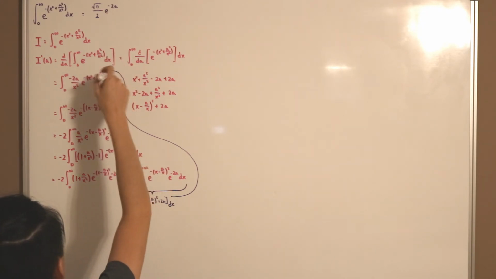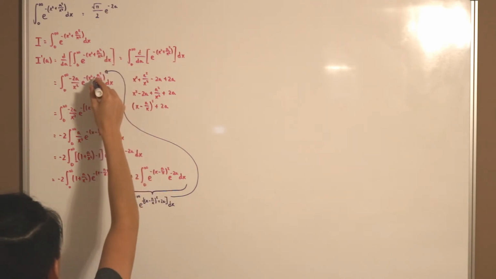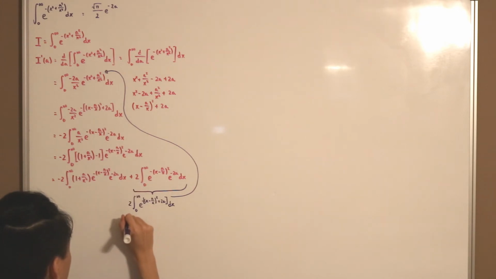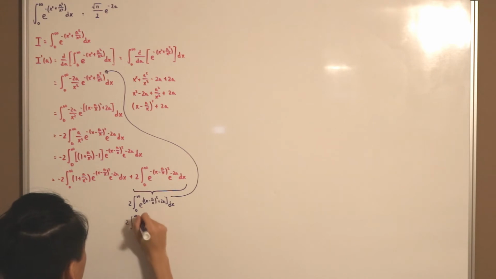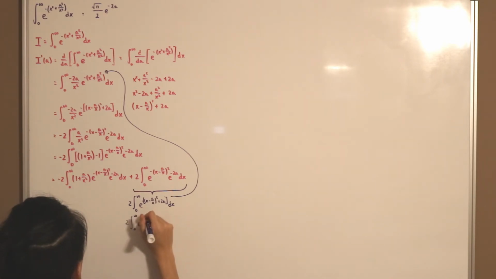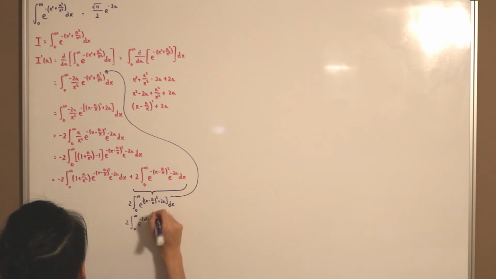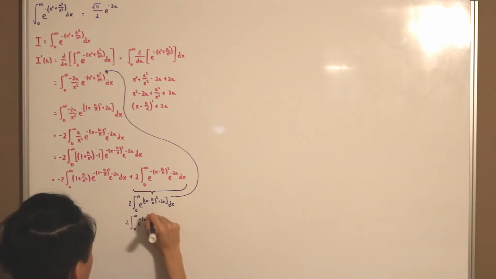So we can just substitute this for this expression here. In other words, this is the same thing as 2 times the integral from 0 to infinity of e raised to the negative x squared minus a squared divided by x squared, then dx.